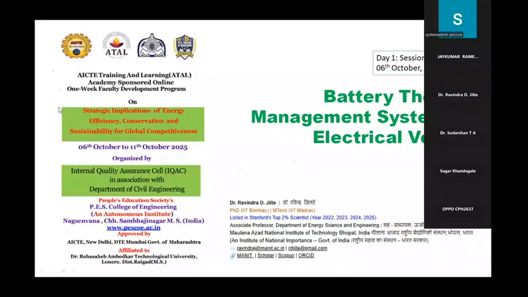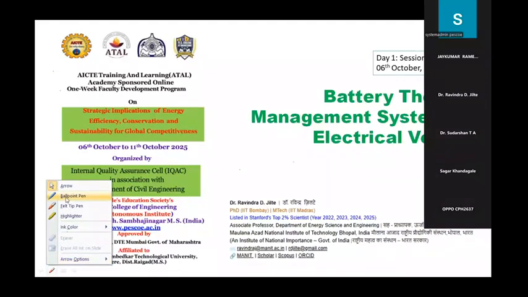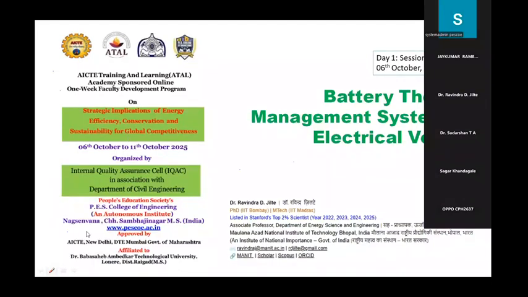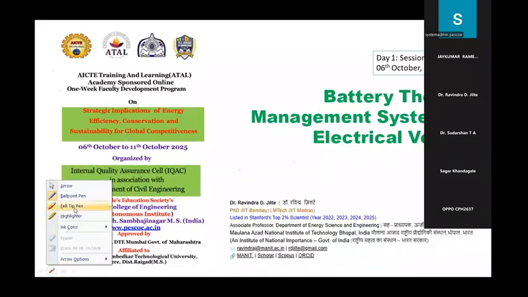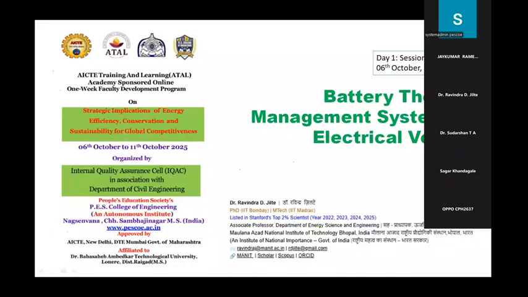The title of the FDP also speaks about global competitiveness, and how we can achieve it through our research and our contribution while we are in academia and in industry. I can assure you, after attending this session, a few of the takeaways will be toward this.